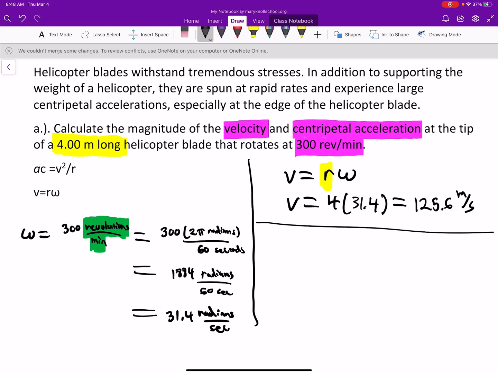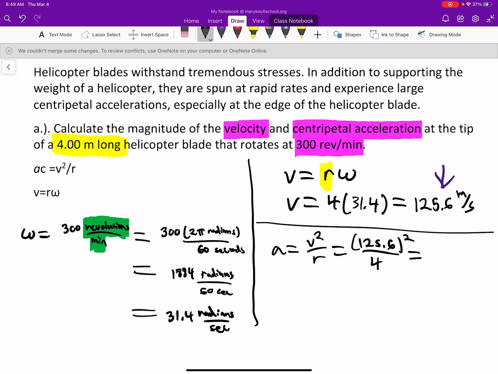So we're looking for acceleration. So acceleration should be v squared over r. We have v. We just found it. All right, we found it right here. So let's do it. So 125.6 squared, all divided by r, which is 4.